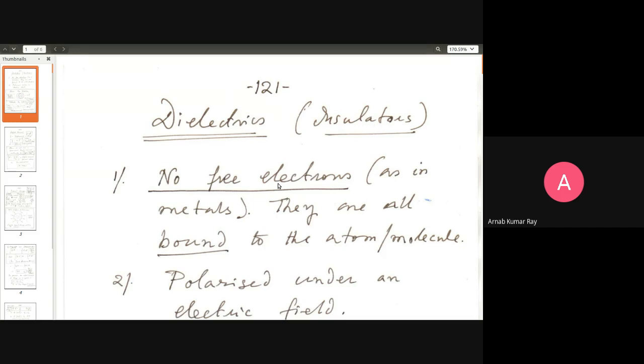Because the idea of current as a movement of charges came much before the idea of electrons in an atom, and free electrons in a metallic crystal and all those things.